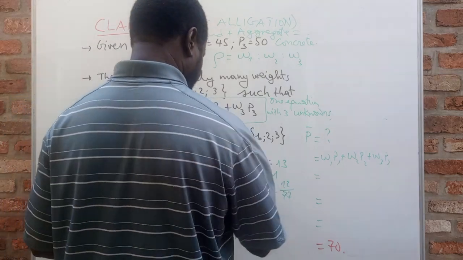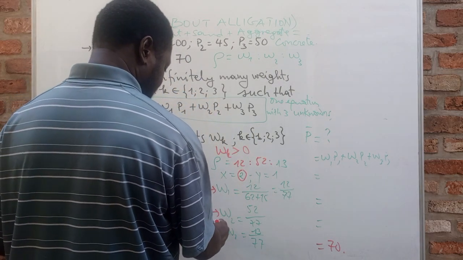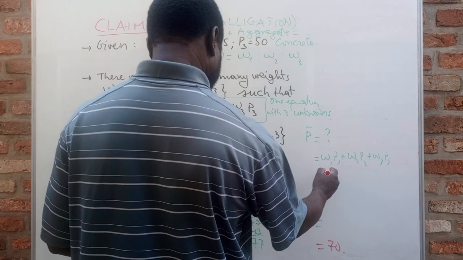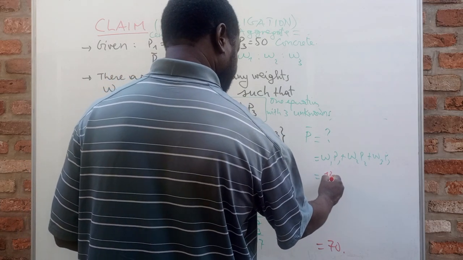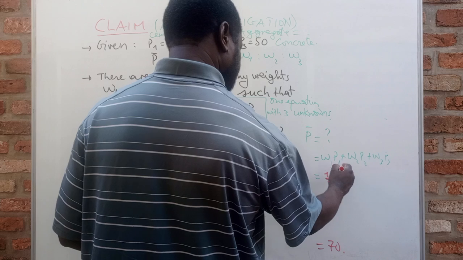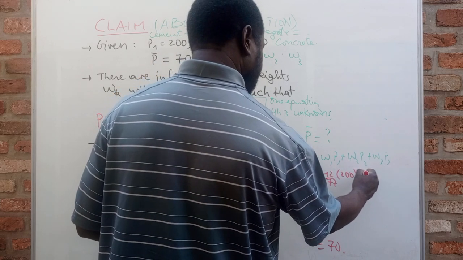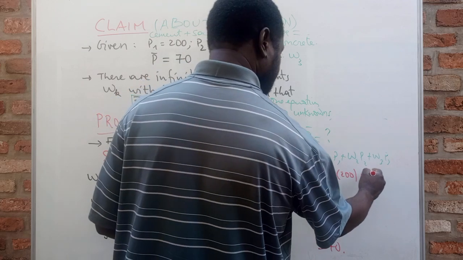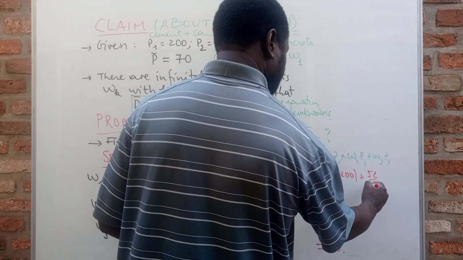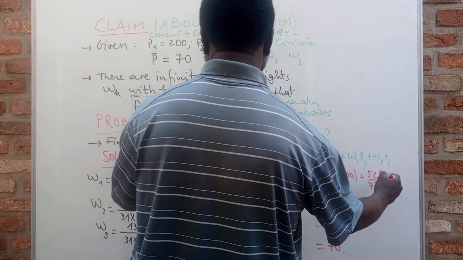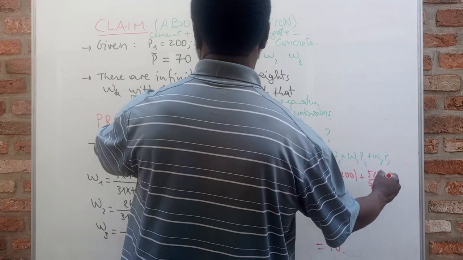Now we have the first weight, second, third. Substitution, we have 12 over 77 times the first price, 200, plus omega 2 is 52, much bigger than before, times 45.